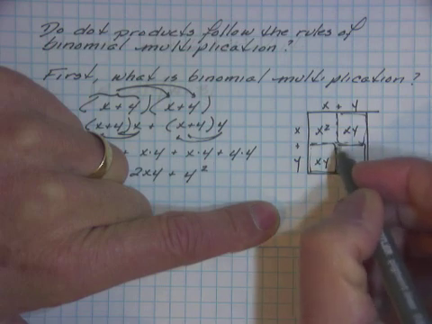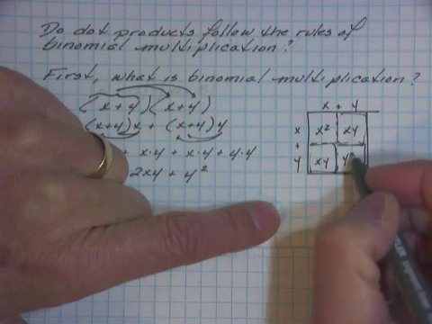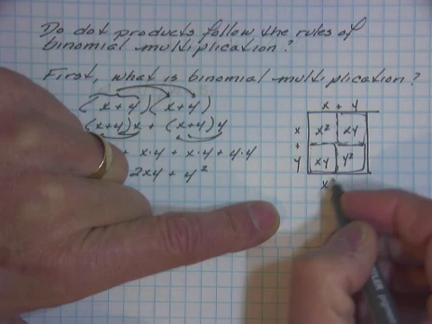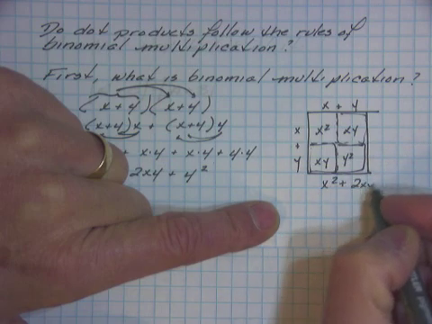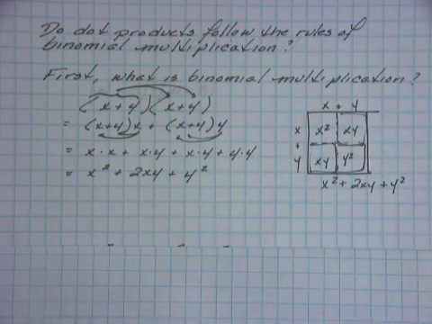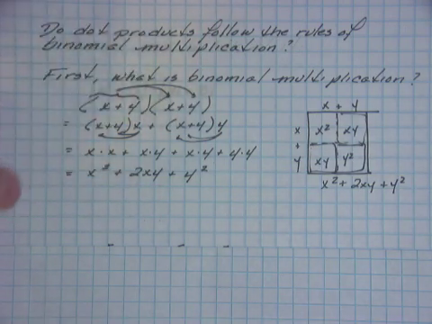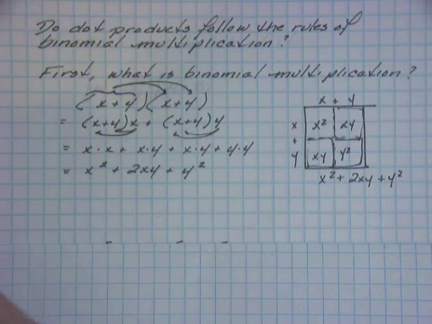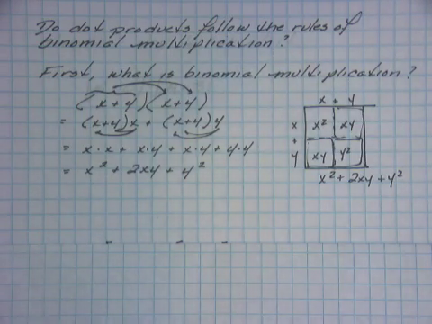The area of this box is x times y. The area of this box is also x times y. And the area of this box is y times y, or y squared. And if you add all those up, x squared plus 2xy plus y squared. Okay? So that is just a really brief introduction to binomial multiplication. So we're going to take this and start applying it in the next few examples. I'm going to pause the video.